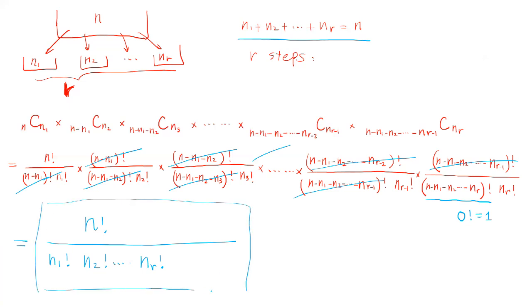So now let's make a summary. The takeaway is, if we want to assign n different elements in a large collection into different small collections, and the sizes of the small collections add up to the size of the larger collection, the total number of ways we can do this task is n factorial over n1 factorial, n2 factorial, until nr factorial, where n1, n2, nr are the sizes of the small collections.